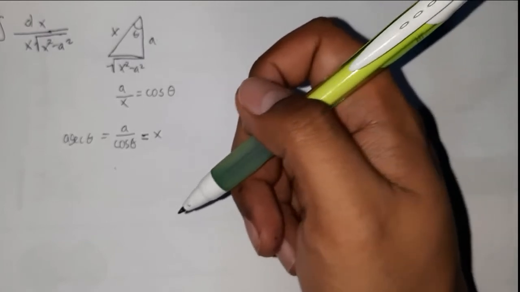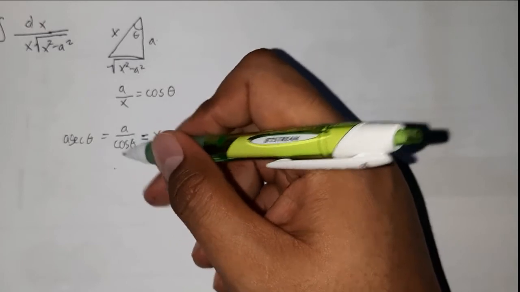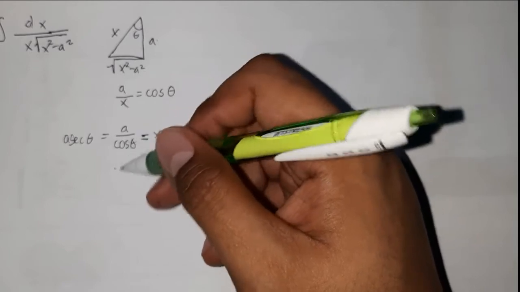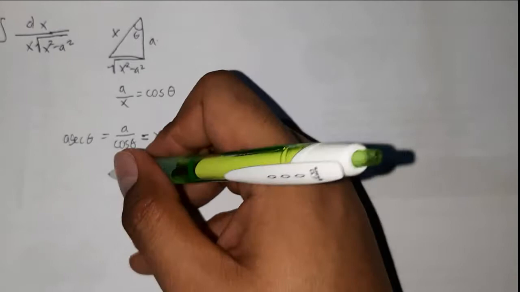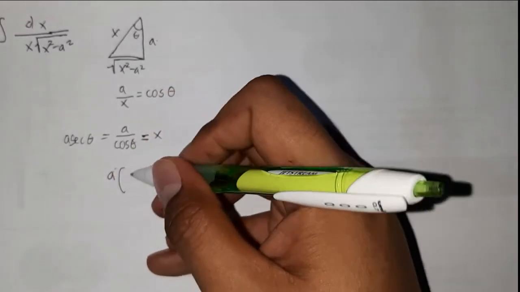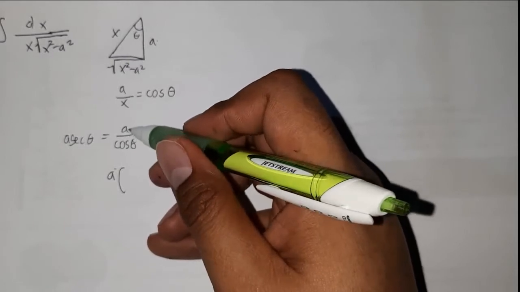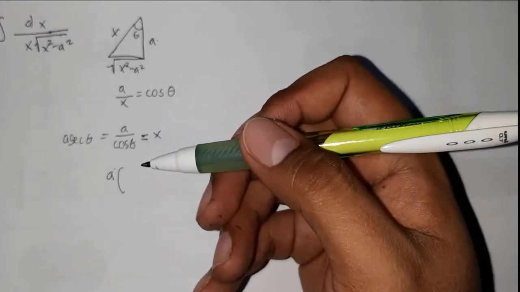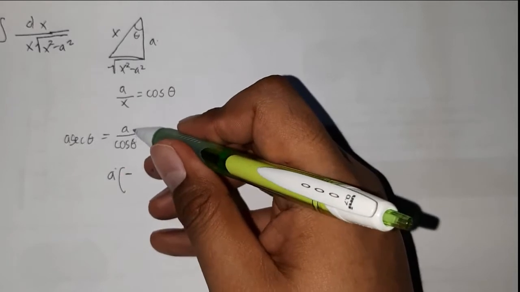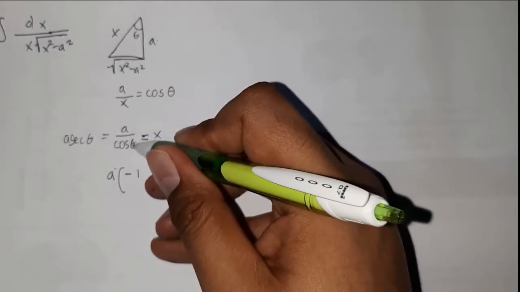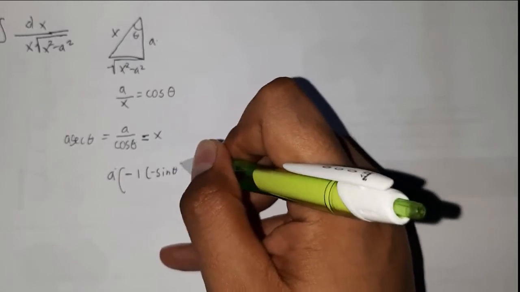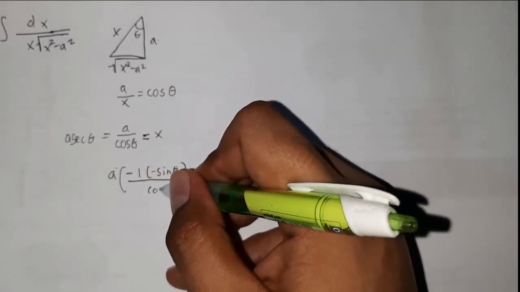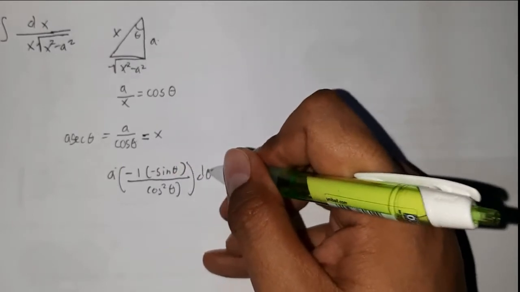So what I use here to get the derivative is the quotient rule. Factor out a, then the derivative of the numerator, which is just 1. The derivative of 1 is 0, so we won't continue with that part. So minus, retain the numerator, then the derivative of the denominator, which is negative sine theta, over cosine theta squared, so cosine squared theta. d theta equals dx.